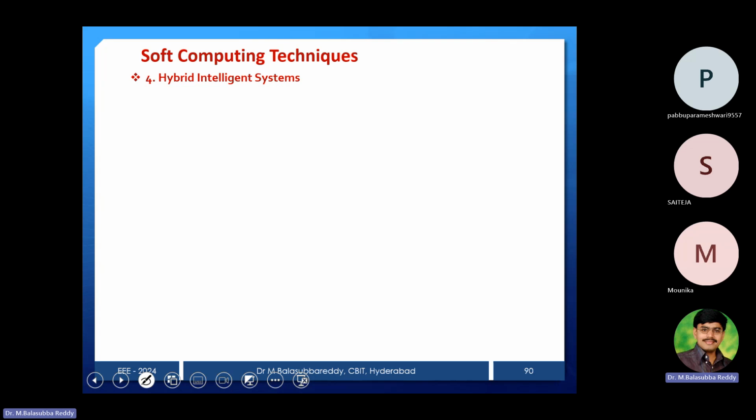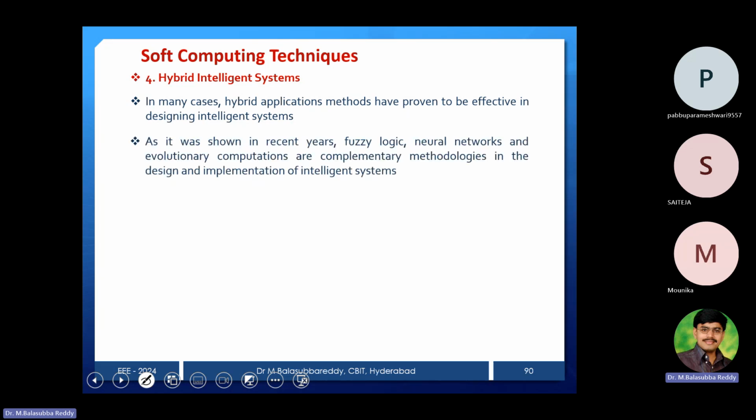In the same fashion, the hybrid intelligence system approach has proven more efficient than the individual system. Now we can see fuzzy logic, neural network, and evolutionary computations are complementary methods. In design applications, and in the implementation of intelligent systems, for all the design approaches we are going to use this kind of thing. And we can observe that each approach has its merits and drawbacks.